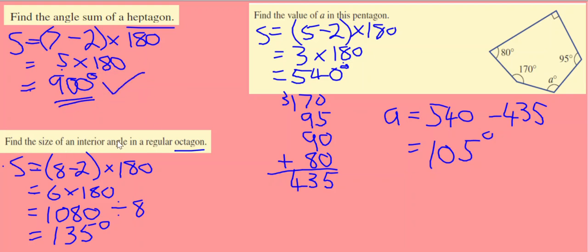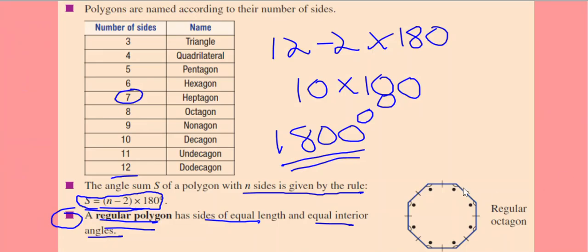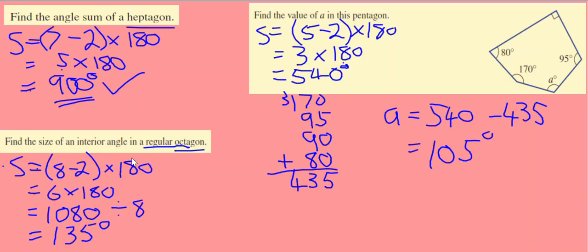Find the size of an interior angle in a regular octagon. Remember, regular, that's what we showed you here. All the side lengths and all the angles are exactly the same. To do that we need to first find out how many degrees there are in an octagon. So we again use our formula. Our angle sum equals 8 for the number of sides, 8 minus 2 times 180. Subtracting that 2 from the 8 gives us 6 times 180, which gives us 1080.